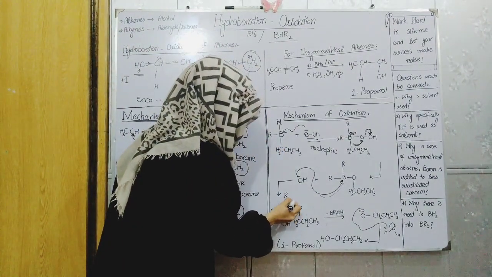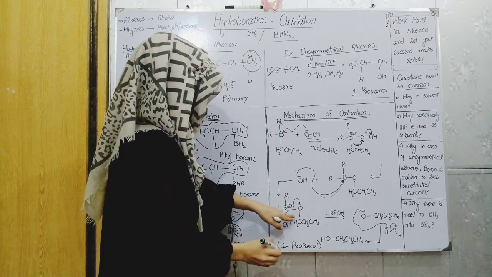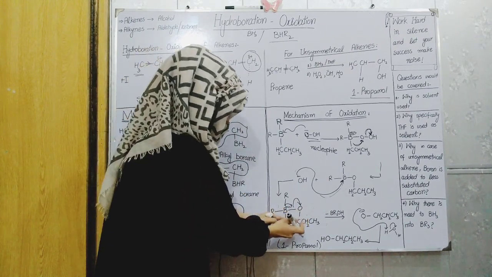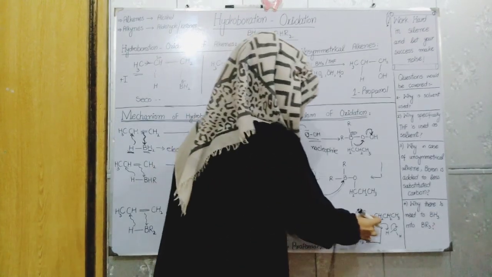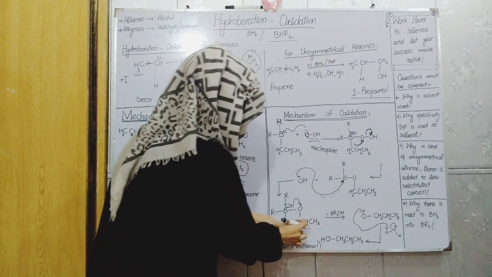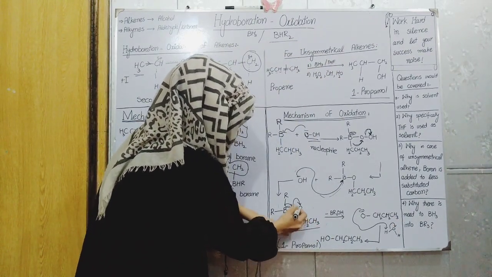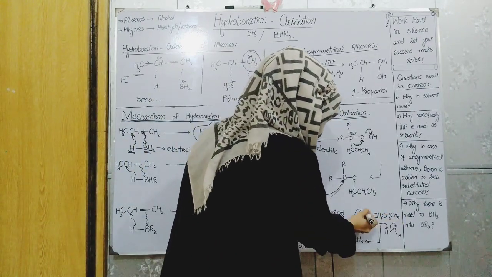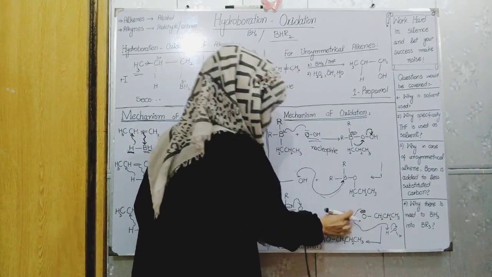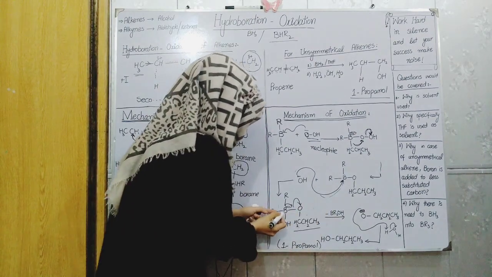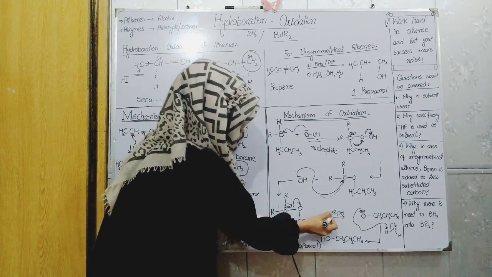Now this alkoxide group leaves, as CH2, CH3, CH2, CH2, CH3 and oxygen, CH2, CH2, CH3 and oxygen with a negative charge. And the remaining group is BR2OH.